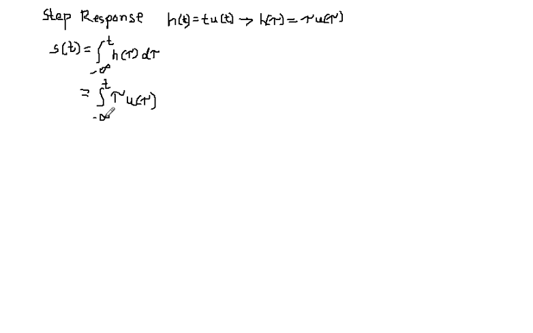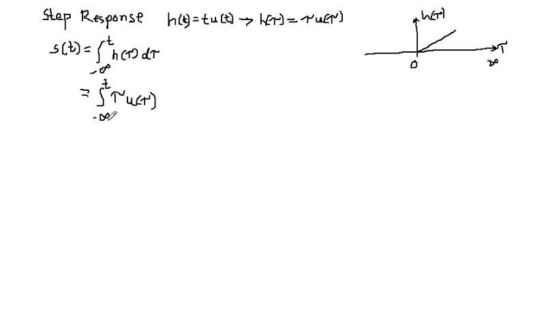So before 0 the value is 0. If we draw it roughly, the signal t into u of t, or tau into u of tau, is in this way. Let's draw the tau signal. It is a ramp signal, the h of tau signal. The signal exists from 0 onwards up till infinity.